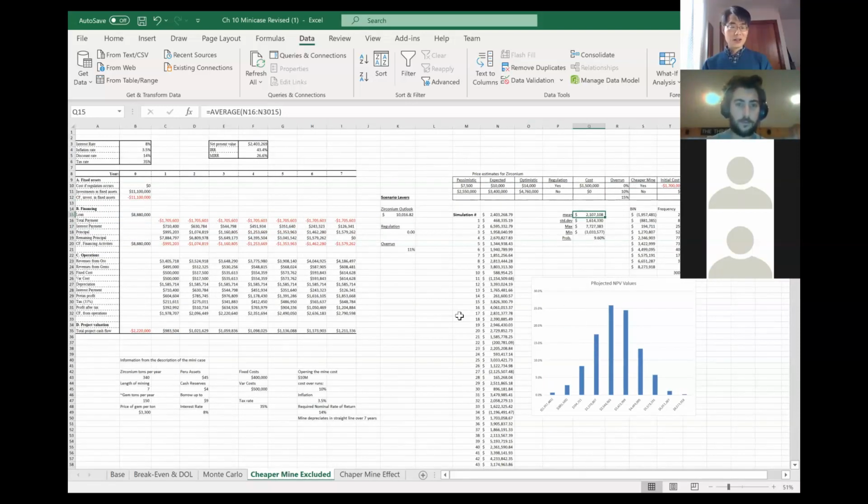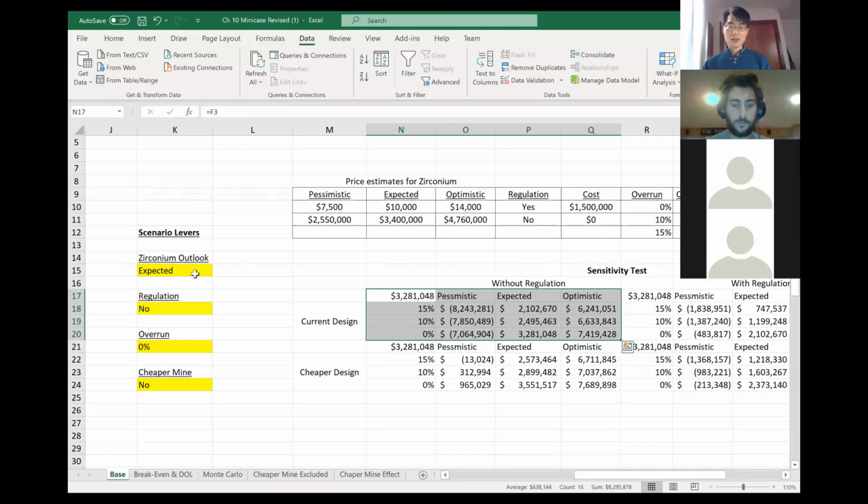Now, the simulation analysis. I thought this was a great example for simulation analysis because there are so many moving parts in this case. Zirconium price can change, regulation can change, cost can overrun. So what happens when all of these changes happen at the same time?